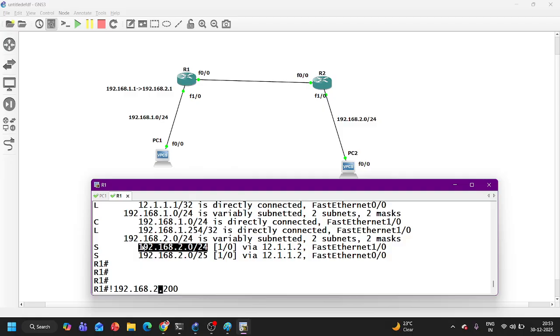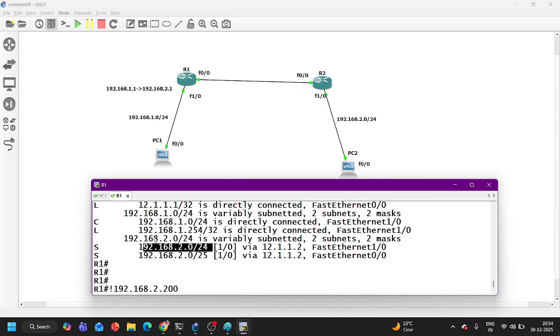Maybe the destination IP address is matching in multiple subnets. Multiple paths are there. Now imagine this path is coming from R3. Let's suppose R3 is also connected with router number 1. So users from 192.168.2.129 to 2.254 will go towards R3, and users from 1.0 to 1.126 will go via router towards router 2.